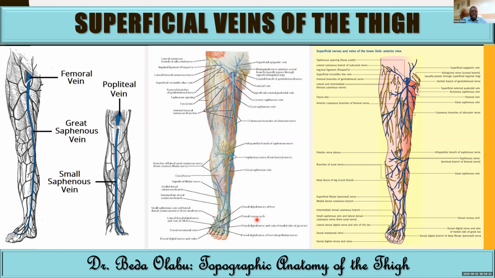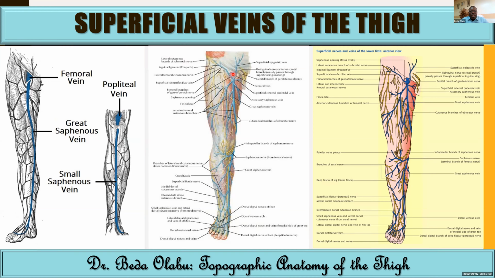So in summary, the great saphenous vein begins in the foot, runs on the medial aspect of the foot, as well as the leg, knee, and the thigh, and then it terminates in what we call the femoral vein, quite up there. This great saphenous vein is joined by various veins. Some of them are named, some of them are not named, but it's important to know that the majority of the superficial veins of the thigh drain to the great saphenous vein.